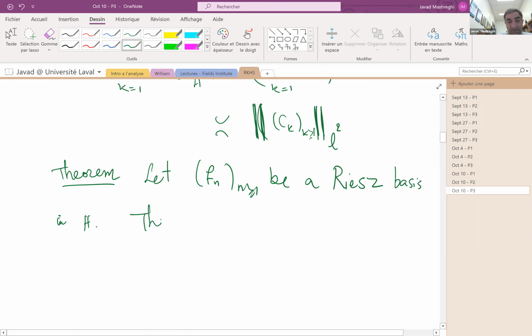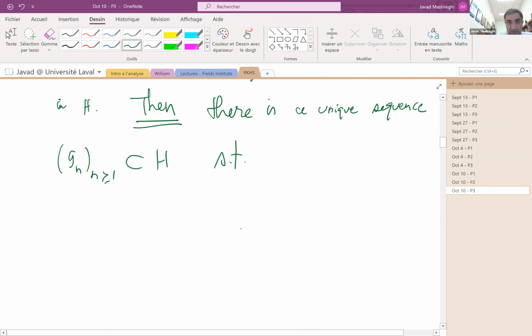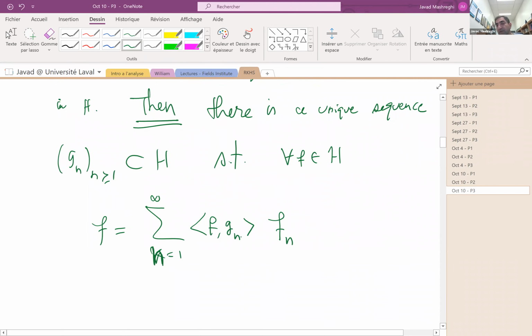Let Fn be a Riesz basis in H. Then there is a sequence, even a unique sequence, Gn, n bigger than or equal to 1, in H, such that for any f in H, we have the representation f equal to the sum of some coefficients times Fn, but the coefficients here are given by the inner product of f with Gn.